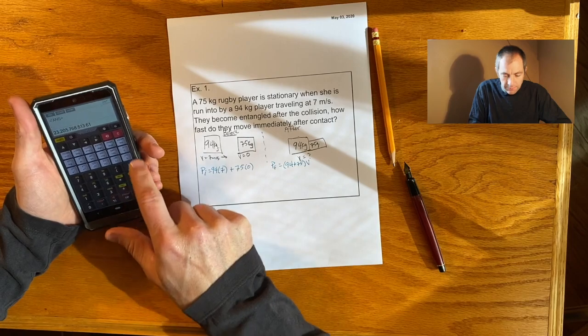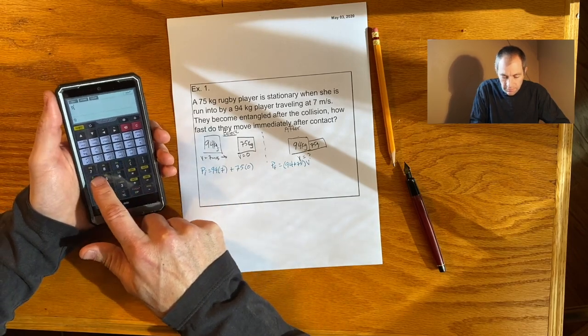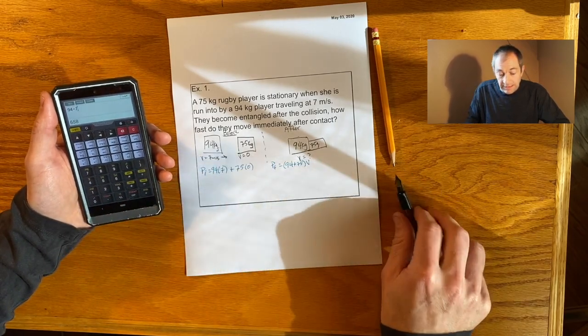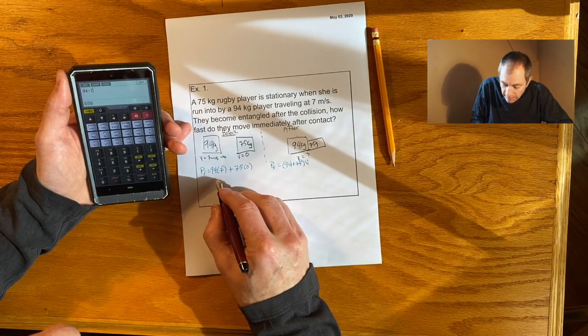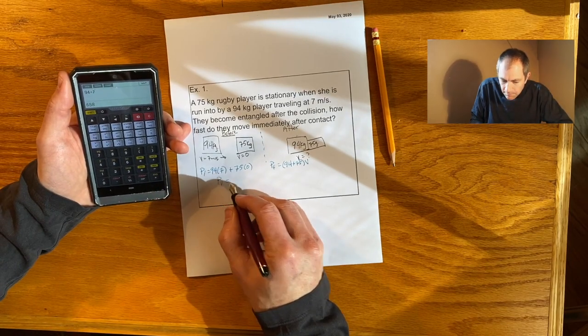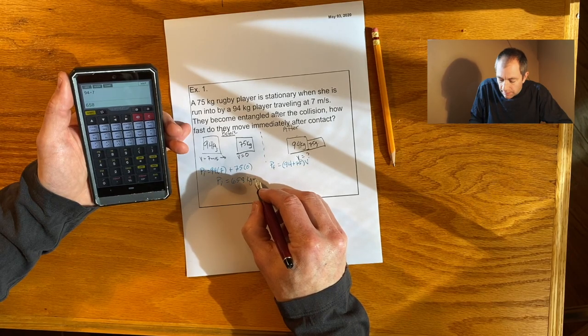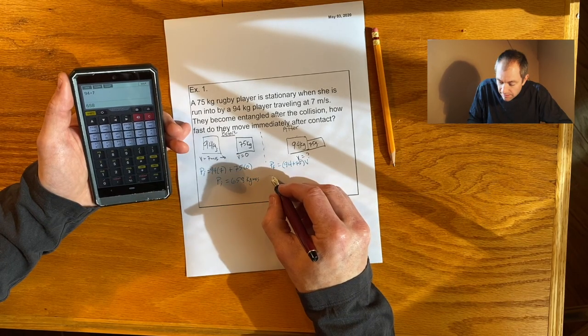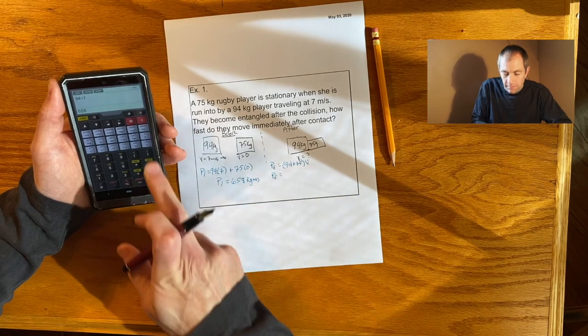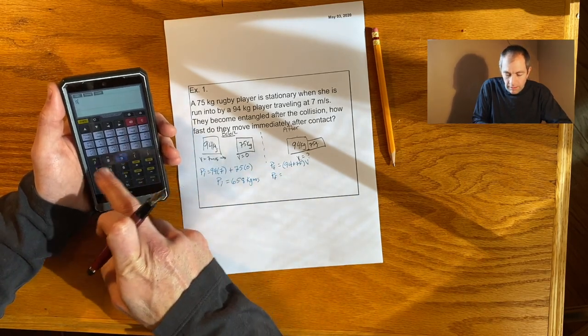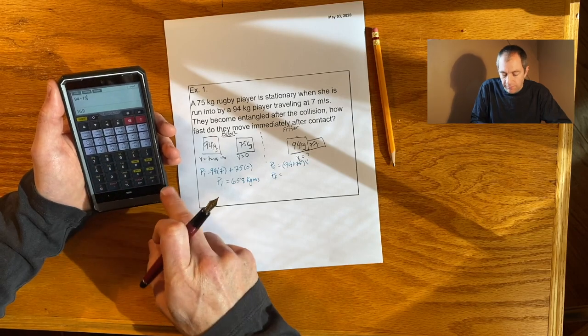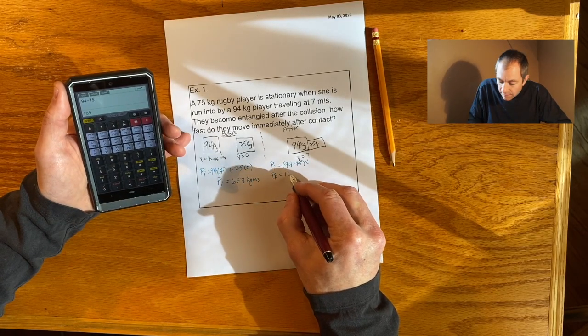So I'll just do 94 times 7. I get 658. So my initial momentum is 658. We'll put some units in, kilogram meters per second. My final momentum, 94 plus 75 is 169, so it's 169 V.